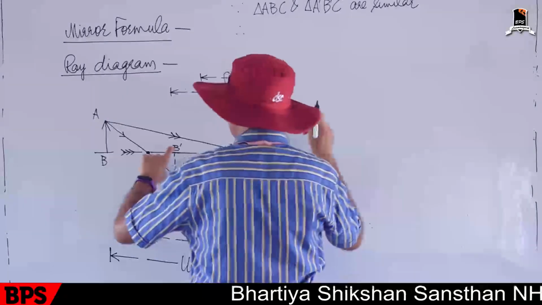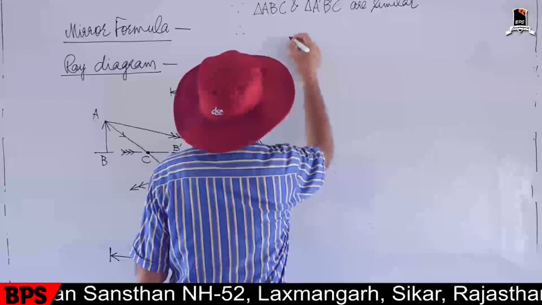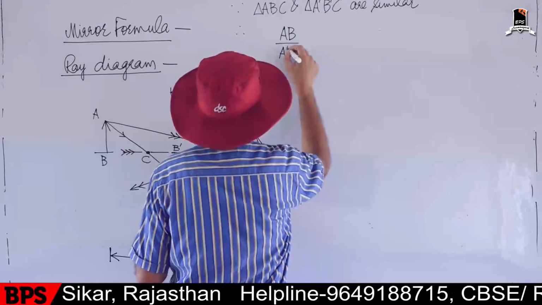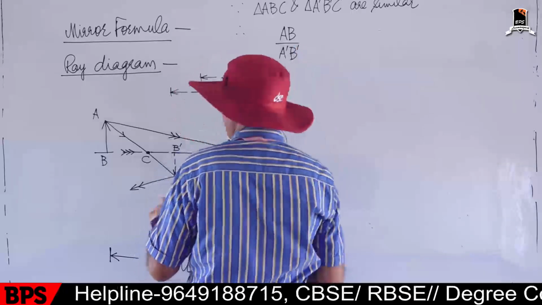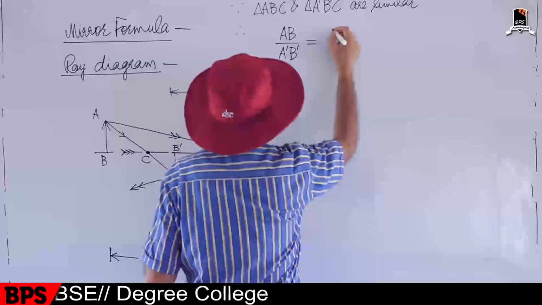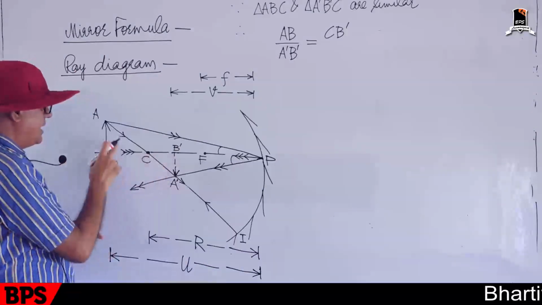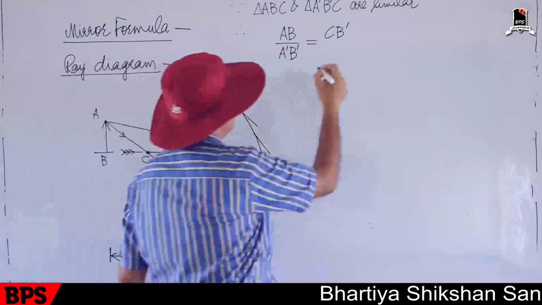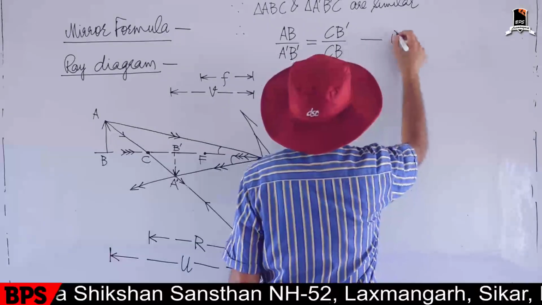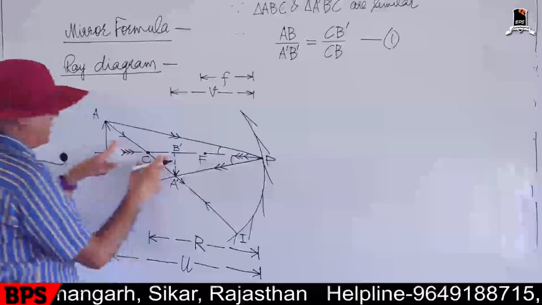You may say that AB by A dash B dash is equal to what? CB dash in this triangle, and the corresponding side in this triangle is CB, so CB divided by CB dash. Getting it? So this is the first equation raised from the similarity of these two triangles.